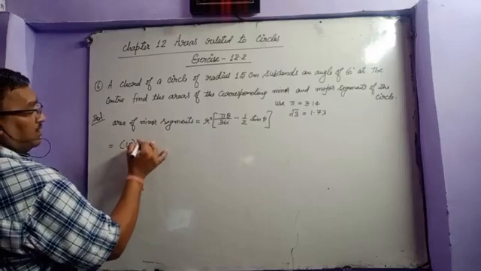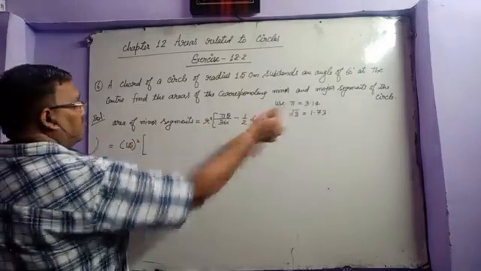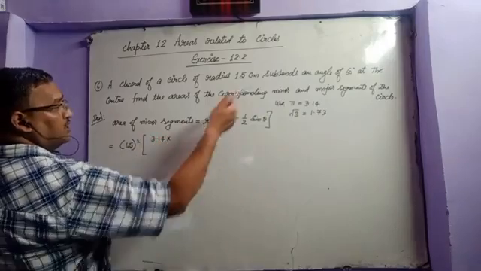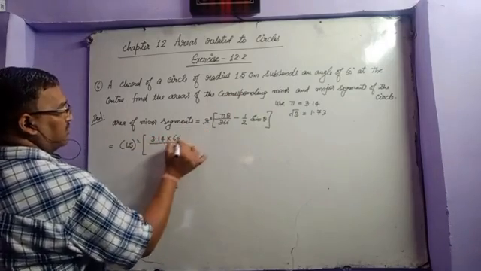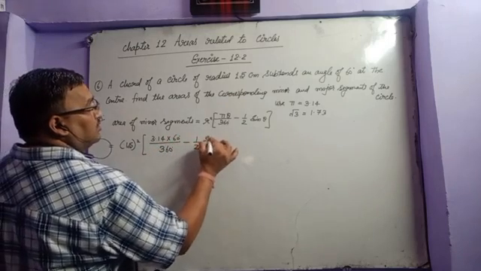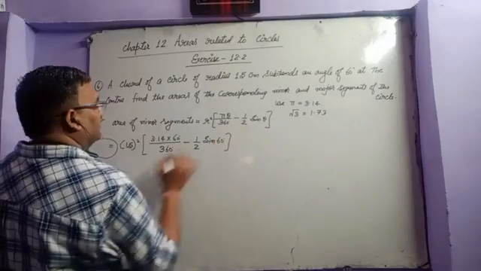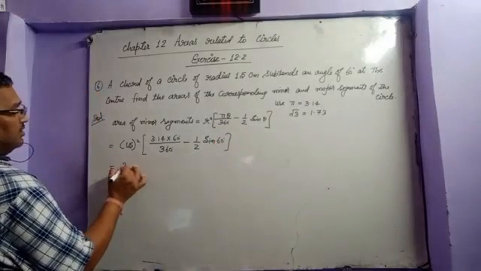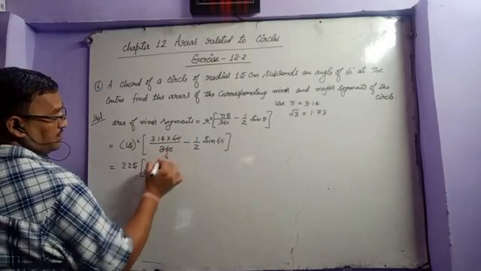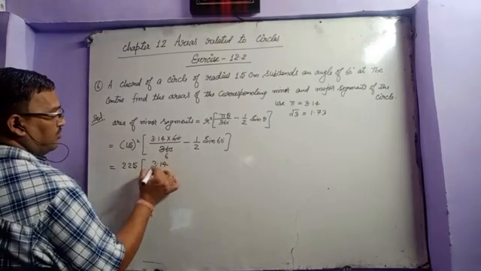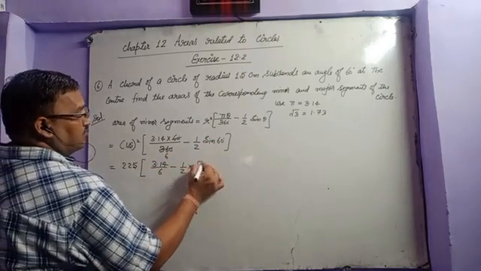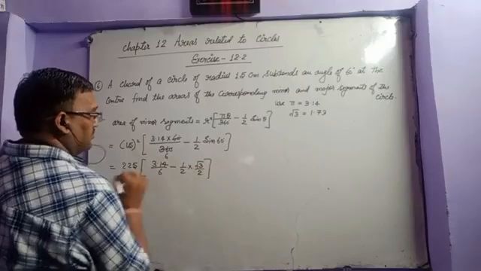Next, pi is 3.14 into theta, 60 degrees over 360, minus 1 by 2 sin 60 degrees. So 15 into 15 is 225. 60 goes into 360 six times, so this is 3.14 by 6, minus 1 by 2, and the value of sin 60 is equal to under root 3 upon 2.